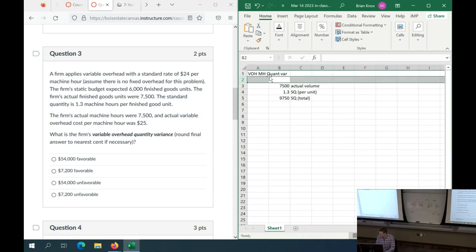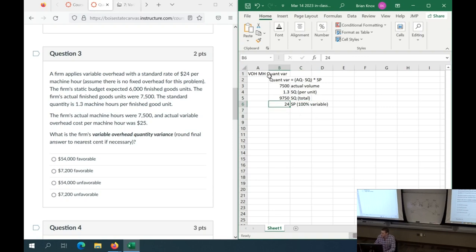Now just to be complete here, for the quantity variance we can use the same equation: actual quantity minus standard quantity times standard price. We know the standard price, it was given to us, $24. 100% variable, make a note of that. In this particular problem, we can just use the standard price as given.